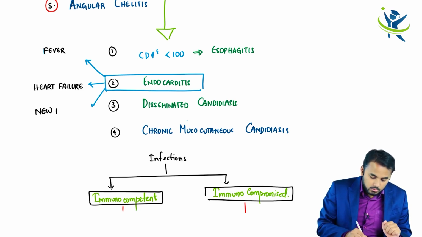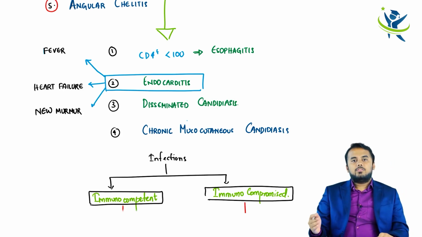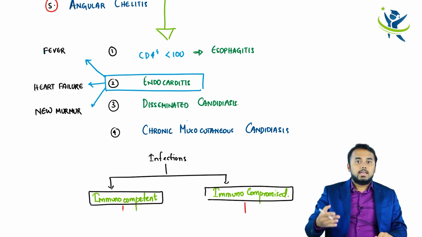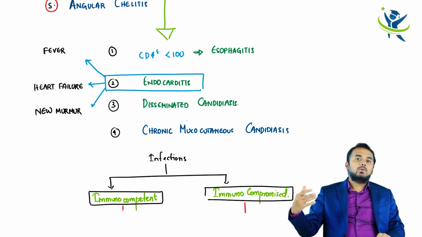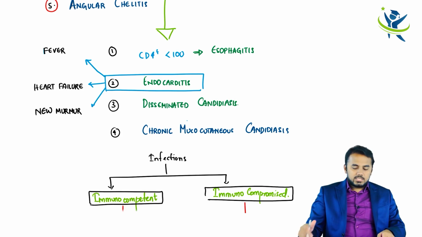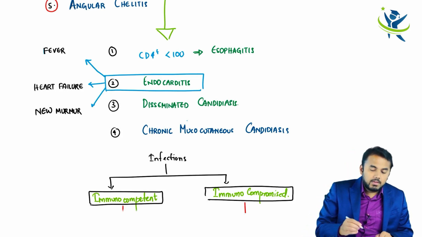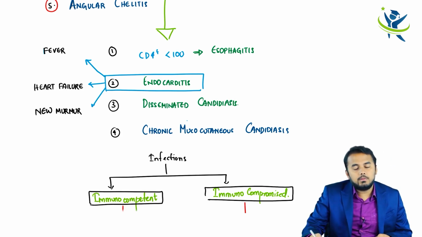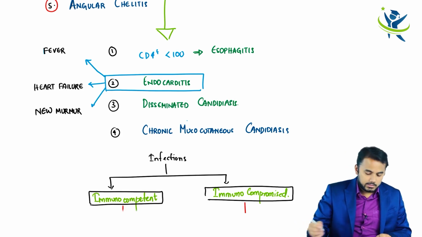A new murmur. Simply remember this thing that fever plus a new murmur is endocarditis until proven otherwise, right? This is a basic statement which you need to know. Fever plus a new murmur is endocarditis until proven otherwise, right?